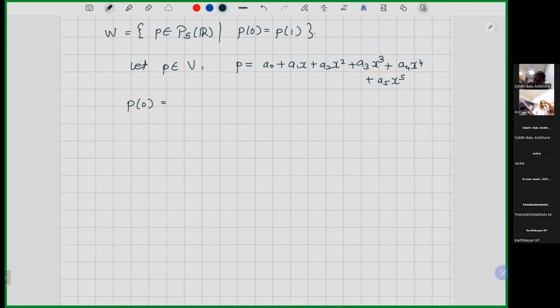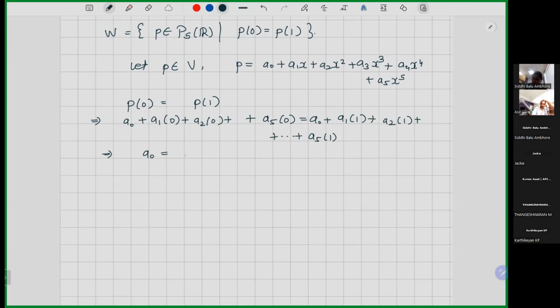And then P(0) equal to P(1) means A0 equals A0 plus A1 plus A2 plus A3 plus A4 plus A5. Since we are evaluating at 1, x square, x cube, x4 all become 1.